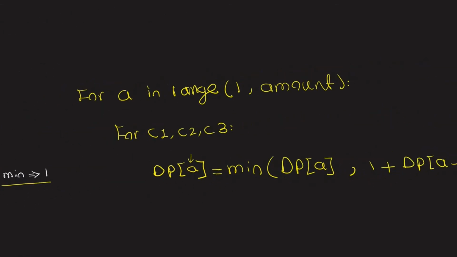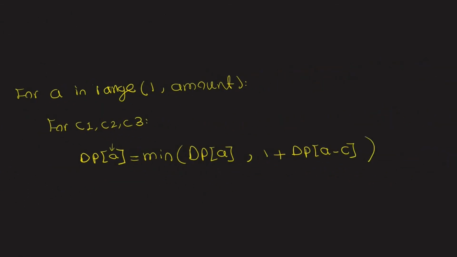So when we have this for loop, we also need to make sure that the amount A minus C is greater than or equal to 0. So we can just have an if statement here and say if A minus C is greater than or equal to 0, in that case, we just do this, otherwise we continue.